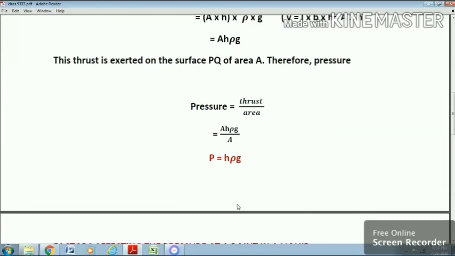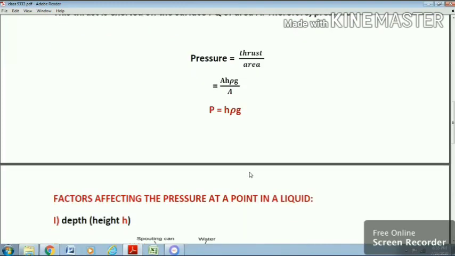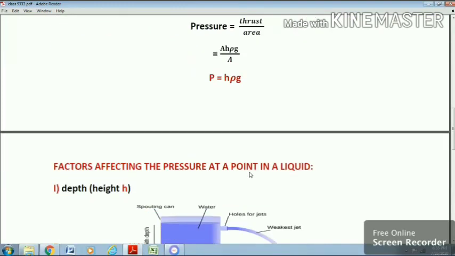From this, there are three factors on which the pressure depends. First, height h, then the density of the liquid, water here in this diagram, and g, the acceleration due to gravity. So pressure depends on these three factors: height, density, and acceleration due to gravity.